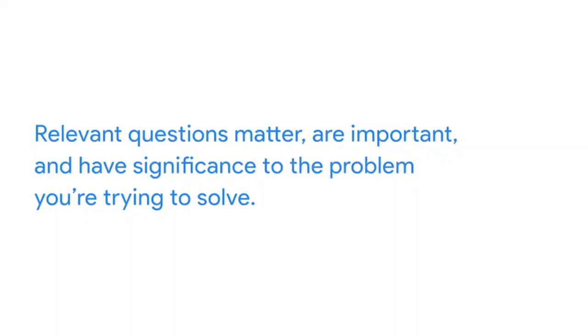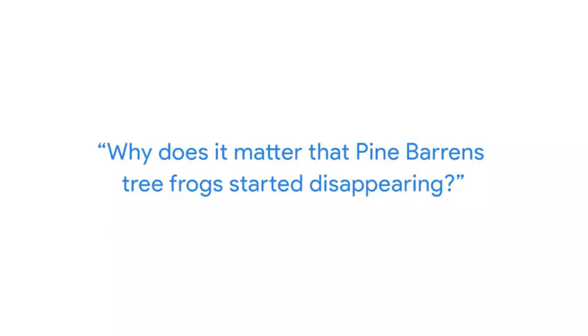All right, let's move on to relevant questions. Relevant questions matter, are important, and have significance to the problem you're trying to solve. Let's say you're working on a problem related to a threatened species of frog, and you asked, "Why does it matter that Pine Barrens tree frogs started disappearing?" This is an irrelevant question because the answer won't help us find a way to prevent these frogs from going extinct.